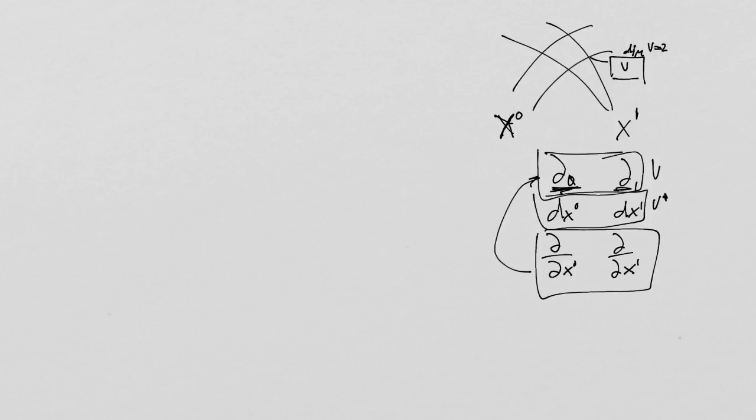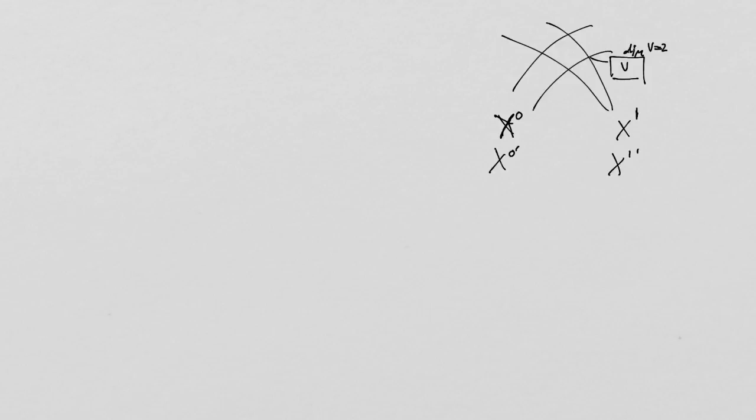Okay, so we're just going to deal with this very simple coordinate system, and we're going to change it to the prime coordinate system. So we're going to change it to x0 prime and x1 prime.